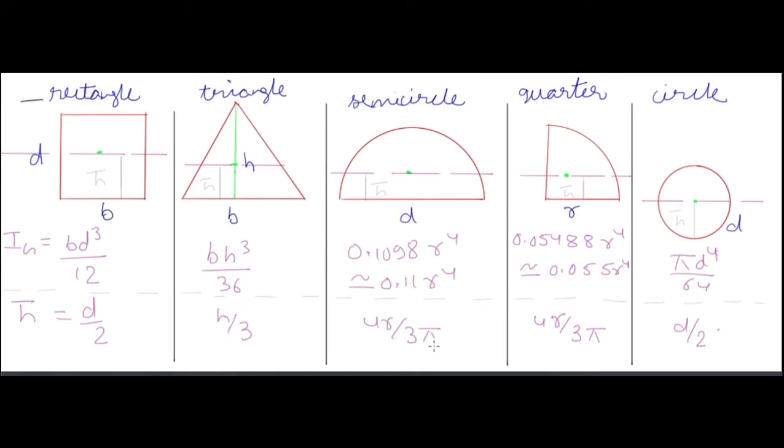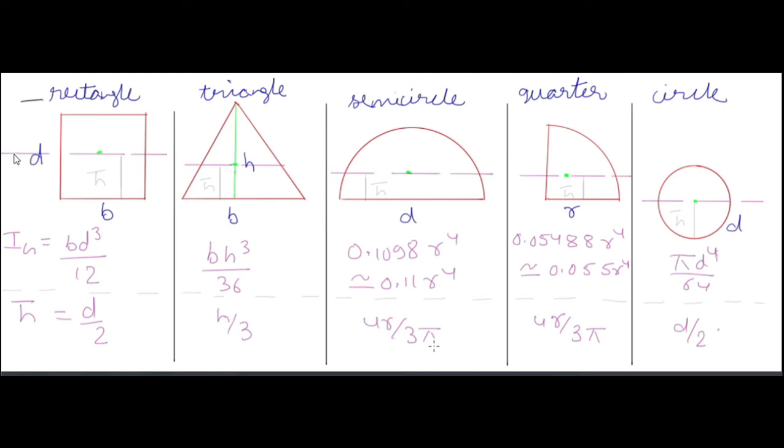Also we have area moment of inertia. We will deal with area moment of inertia in computing the center of pressure. The center of pressure will be computed using the area moment of inertia about the centroid. So the area moment of inertia about the centroid here is b d cube by 12, about this axis.